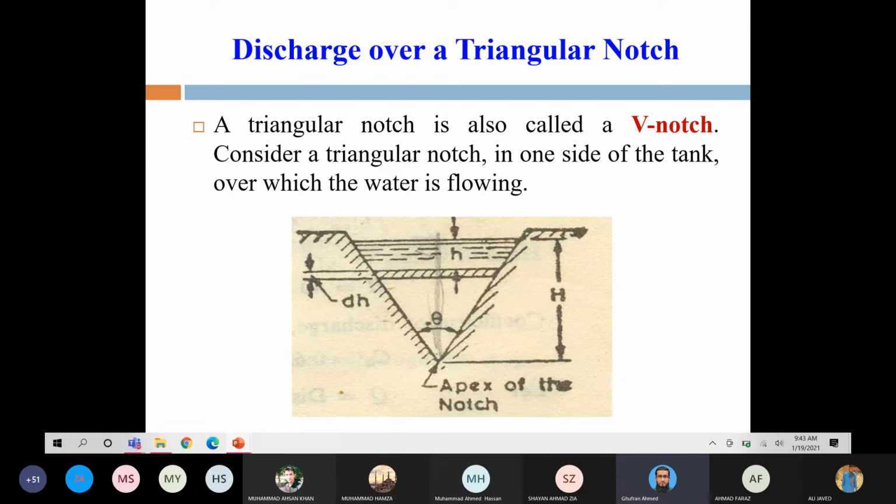The rest of the things are all the same. You just write the formula of dQ.